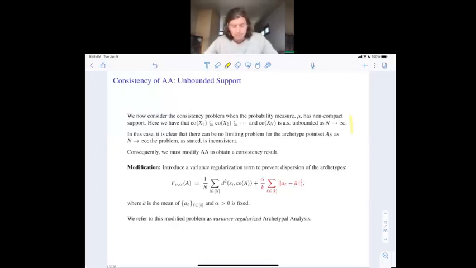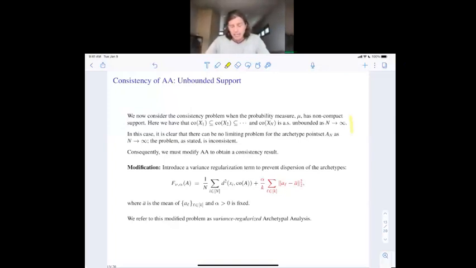So somehow we have to modify this method in order to get a consistency result. The modification that we used here was to introduce a regularization term that prevents the dispersion of the archetypes, so it prevents the archetype polytope from getting larger and larger. The regularization term we introduced is just to look at the variance of the archetype points themselves.